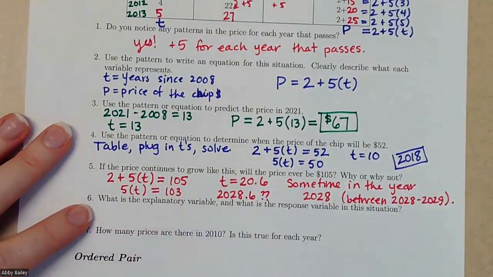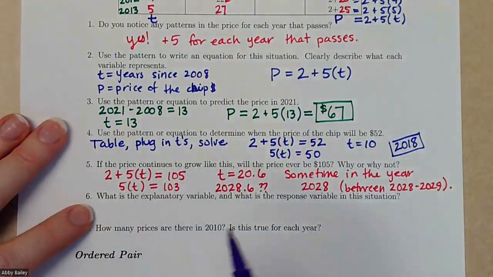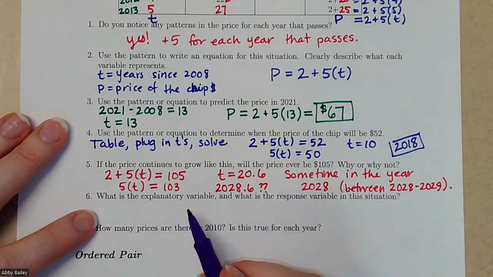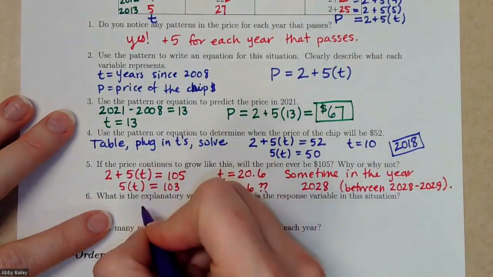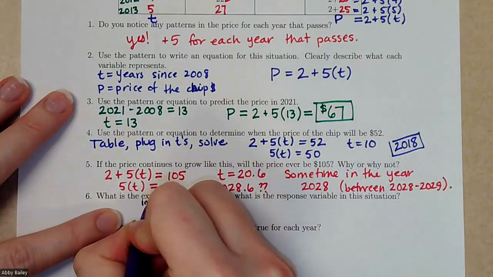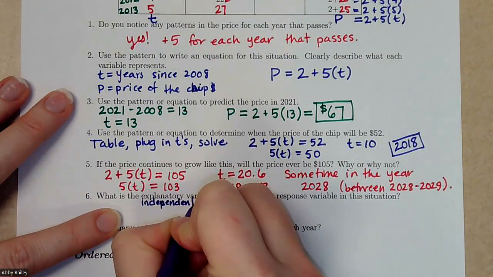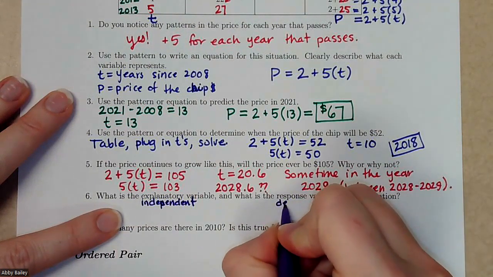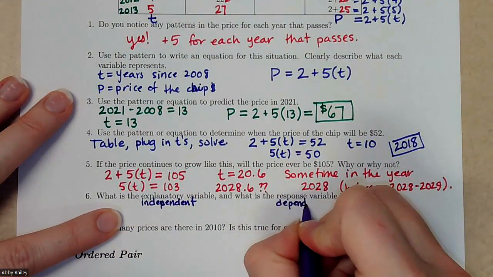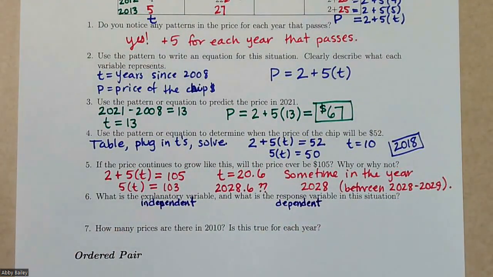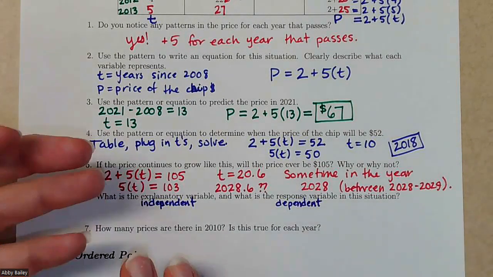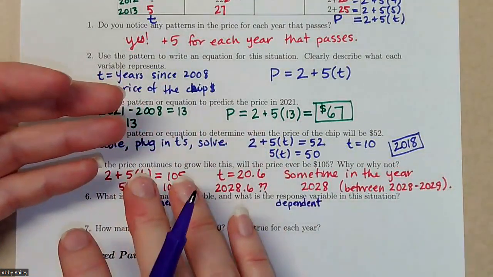What is the explanatory variable? Okay, so explanatory is the independent. And the response variable is the dependent, so it responds to the other one. In this situation, the question I ask myself is, did the price depend on the time, or does time depend on the price?